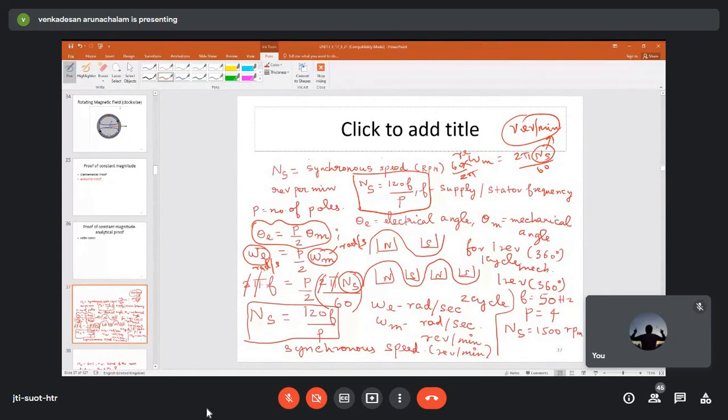That one is measured in the electrical domain, this one in the mechanical domain. So you write omega M as 2 pi ns by 60, and like this you get ns as 120 f by p, right?